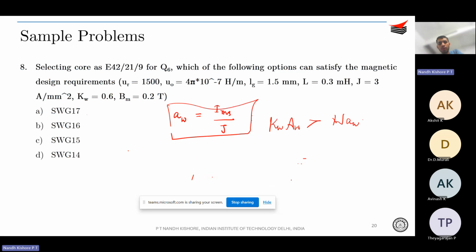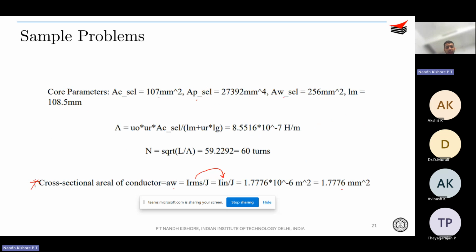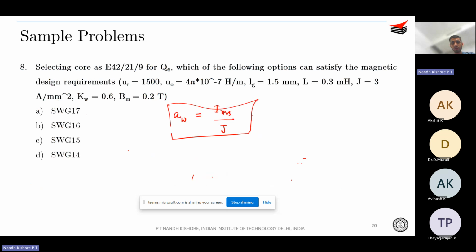That means there is enough area available after you leave the allowances due to wastage in the core area. You need to ensure that there is enough area available so that you are able to wind the required number of turns with the selected wire gauge. So this is something that needs to be always ensured. That is, Kw Aw should be more than N into aw. That is why you also need to compute what is N. Only then would you be able to confirm whether this is true or not.